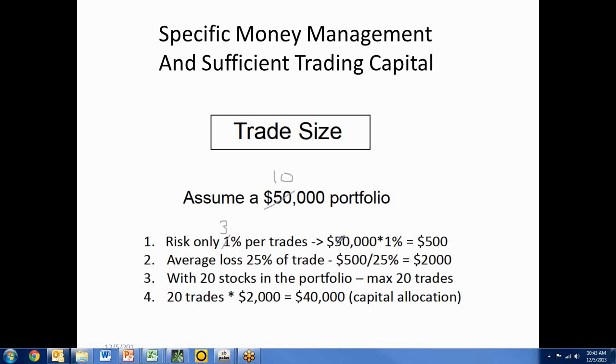Well, you just use these same equations and you say, all right, $10,000 times 3% is $300 I'm willing to risk out of my $10,000 portfolio per trade. Keep the average loss the same, 25%. Divide 300 by 25%, and that's going to give you $1,200.